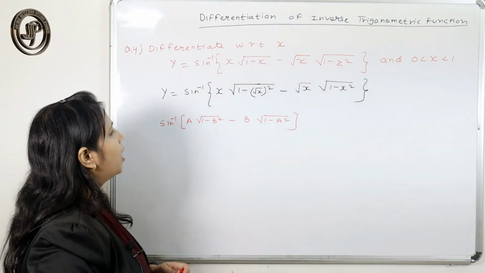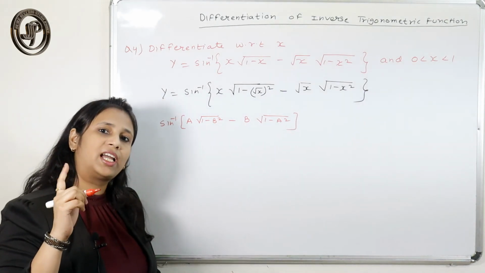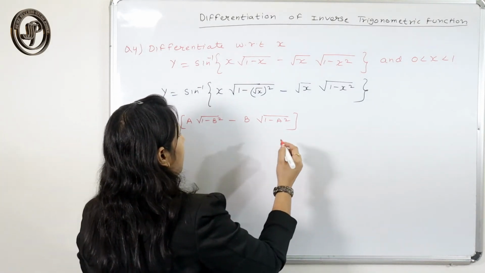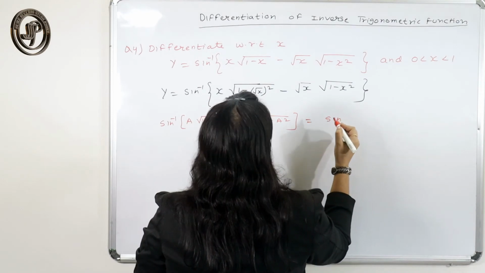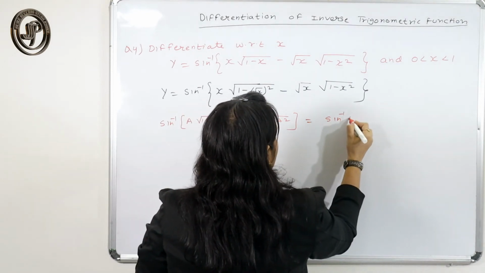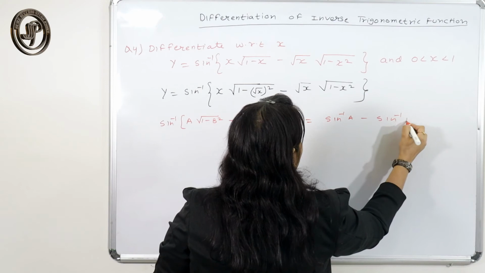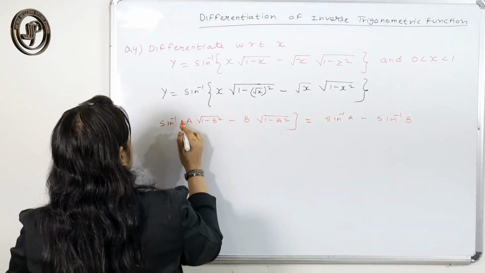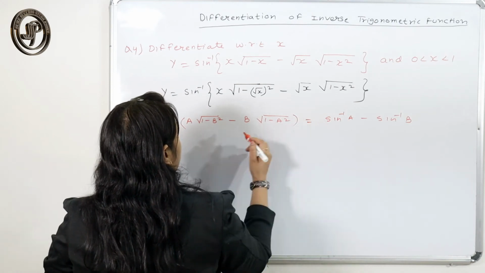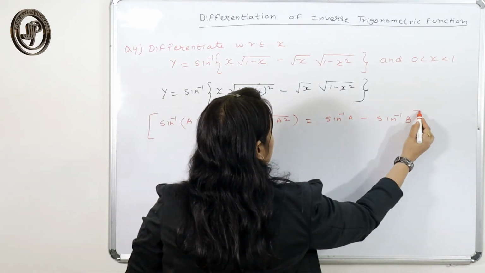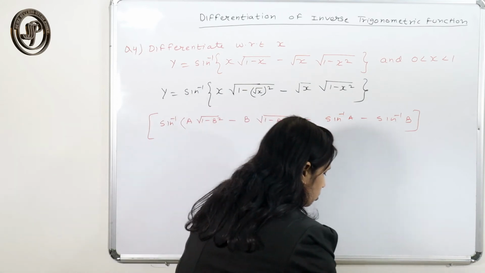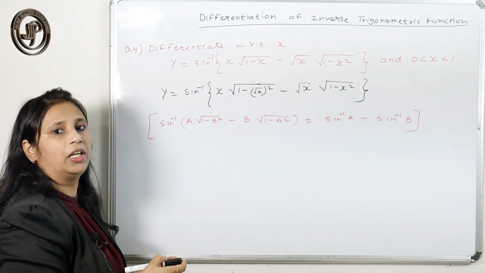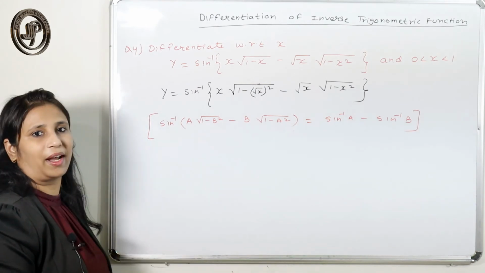Actually, that formula has come from the formula sine of A minus B, sine A cos B minus cos A sine B. From that only, you can directly write this as sine inverse A minus sine inverse b. If you use this directly now in this question, then your question becomes easier. So how can we apply this? Definitely these kinds of things you can do in the exam only by practicing.